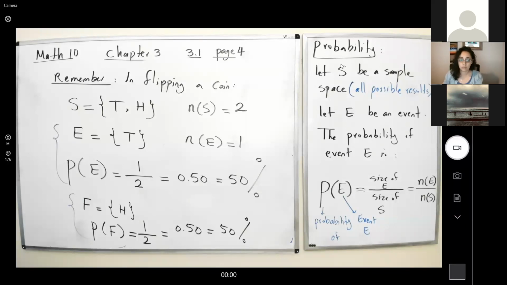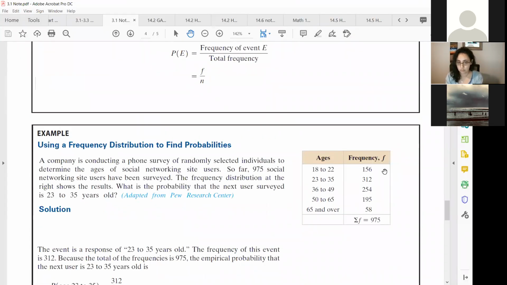On page 4, we have an example. A company is conducting a phone survey of randomly selected individuals to determine the ages of social networking site users. So far, 975 social networking site users have been surveyed.